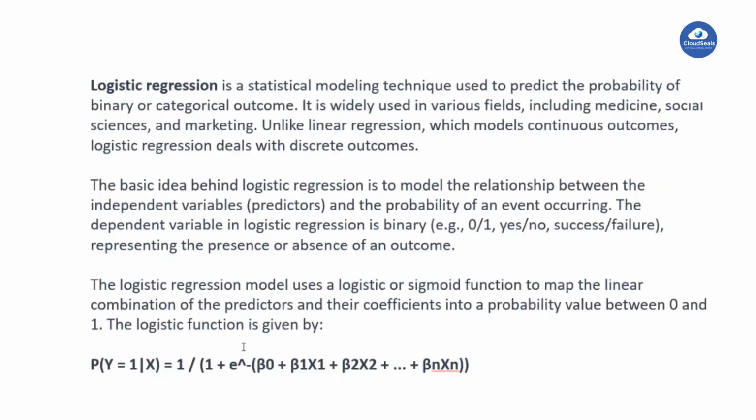So how do we calculate probability? For example, given inputs, it uses 1 divided by 1 plus e to the power of minus beta naught plus beta 1 x1, beta 2 x2, up to beta n xn if we have n independent variables. After calculating this, let's assume 1 is a spam mail and 0 is a non-spam mail.